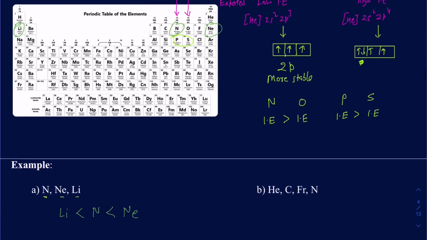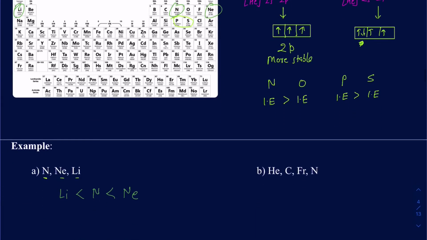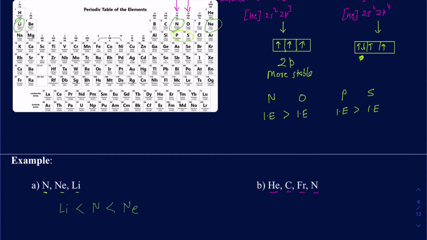Okay, let's take another example here. We have helium, carbon, francium, and nitrogen there. So it seems like they are in different periods and different groups, so we really don't have a very straightforward trend here.